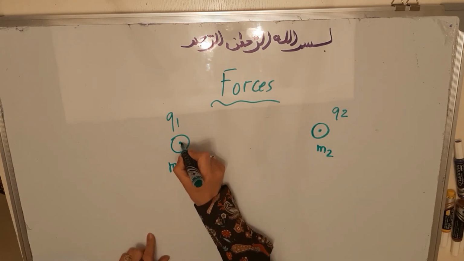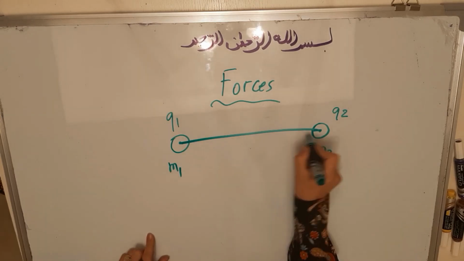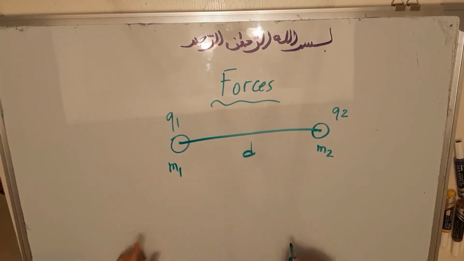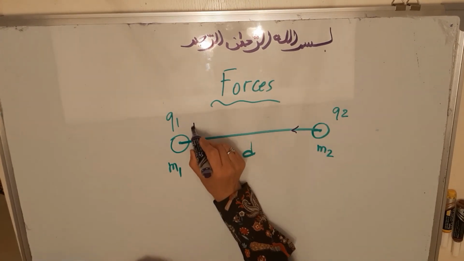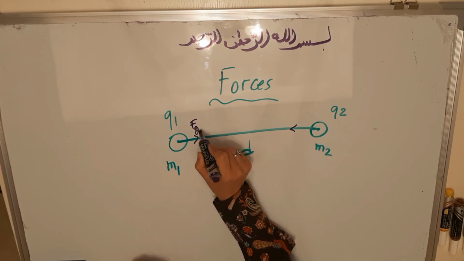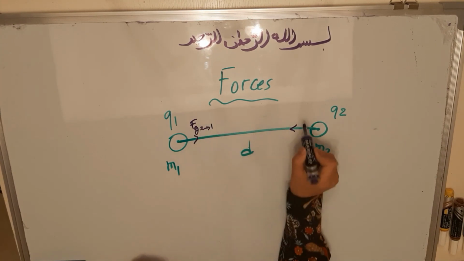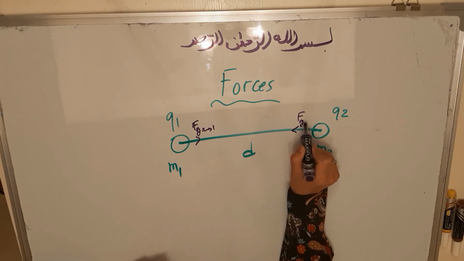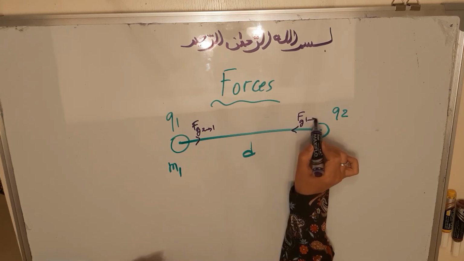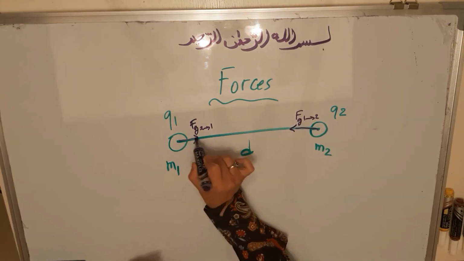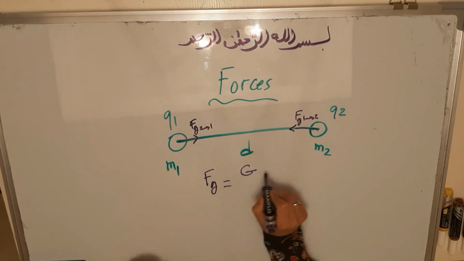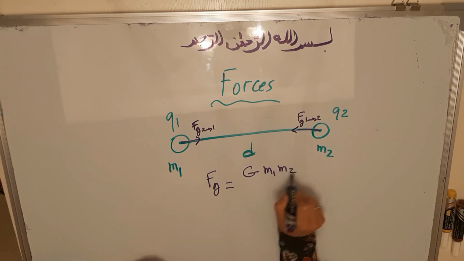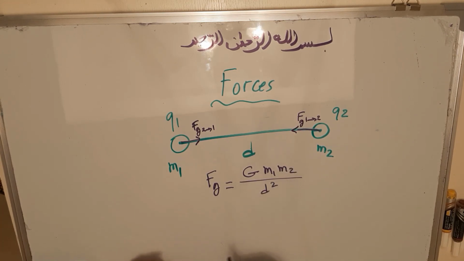And then I have a distance between these two, that is D. So can you tell me the expression of the gravitational force between these two masses? F gravitational from 2 on 1, and this one here is F gravitational from 1 on 2, okay? So what is Fg? You're absolutely right, G times M1 times M2 divided by the distance squared, okay?